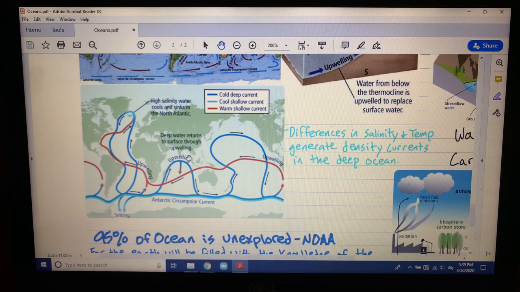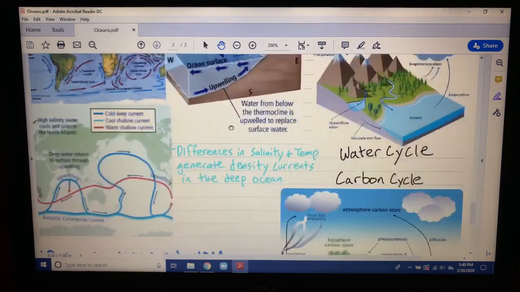As cold water sinks and warm water rises, the change drives movement. Much like when we studied the atmosphere, when warm air rises and cold air sinks, if it kept rising it would become unstable, and that generates energy. That's what's happening underneath, just like it was in the atmosphere.